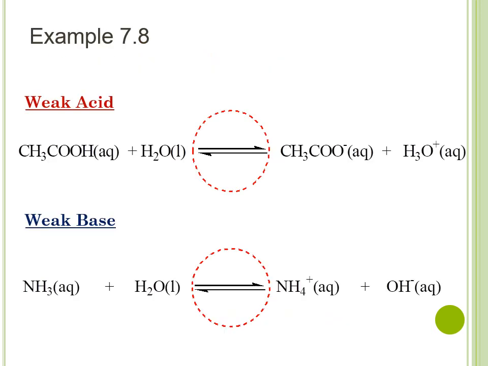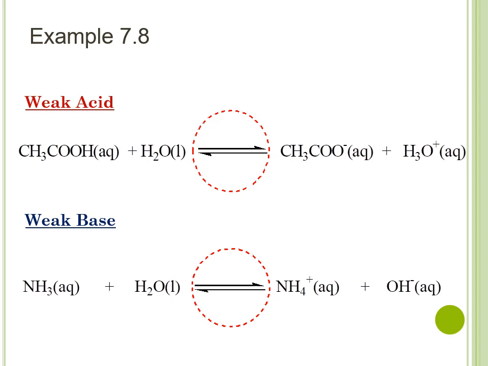Let's look at example 7.8. The weak acid acetic acid, our vinegar, dissociates in water, and notice that we use the arrow for reversible reaction here.